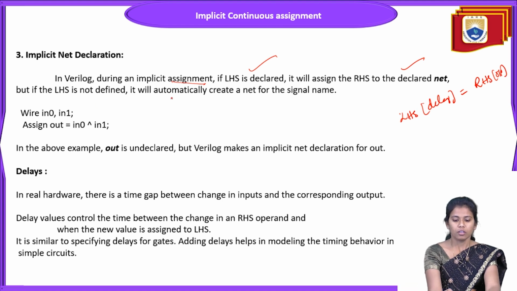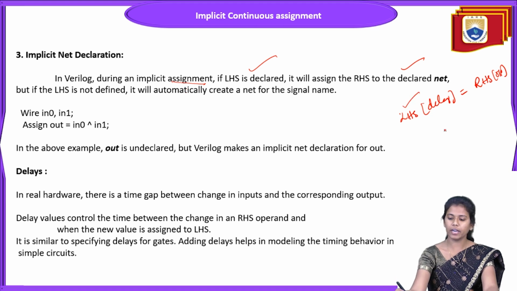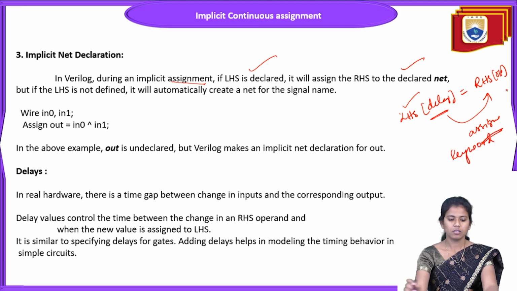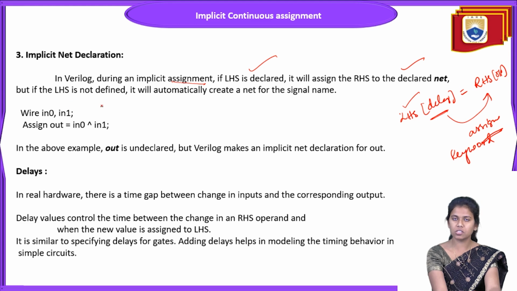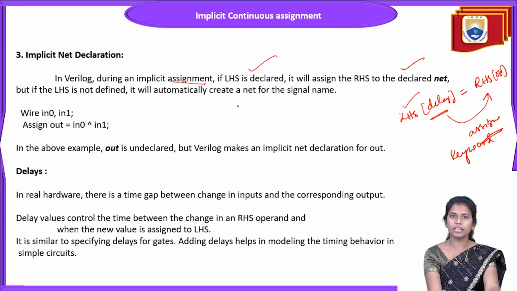During the implicit assignment, the LHS is already declared with some delay, and it will assign to the RHS net by using the keyword assign. But if the LHS is not defined, it will automatically create a net for the single name.